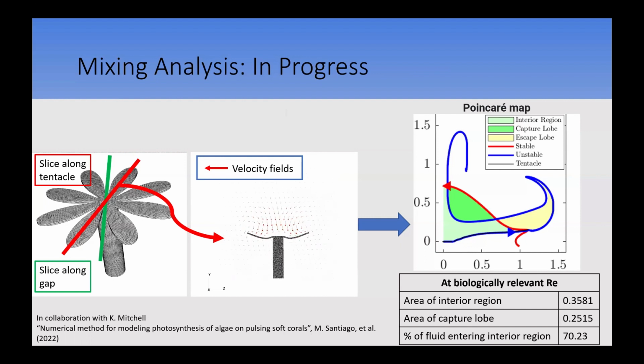And the escape lobe tells you how much fluid is pushed away from the coral, so pushed out of our region, how much fluid escapes. What we're then able to do is get an exact number that tells us the area of our interior region and our capture lobe and how much fluid is actually entering our region. Again, I really want to emphasize that this analysis is really unique and special in that it lets us get these quantifiable numbers.